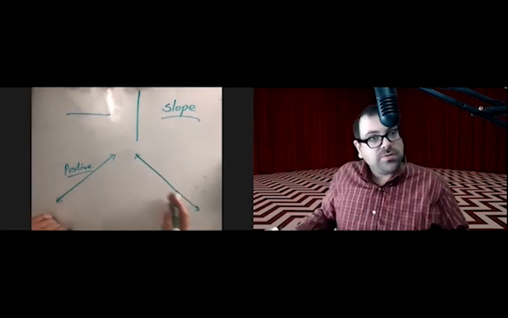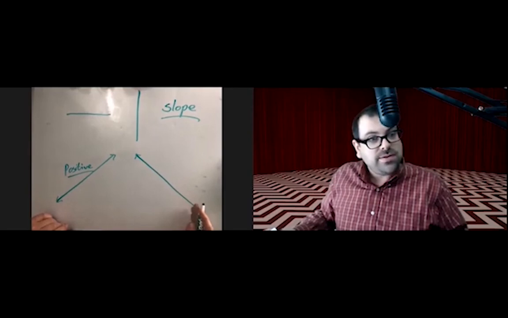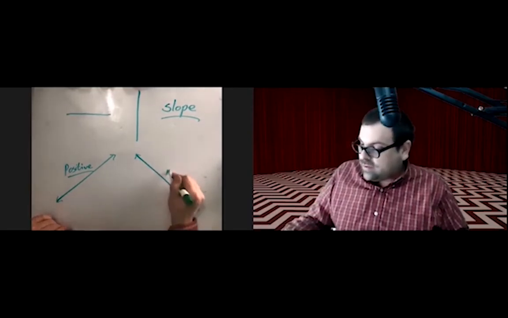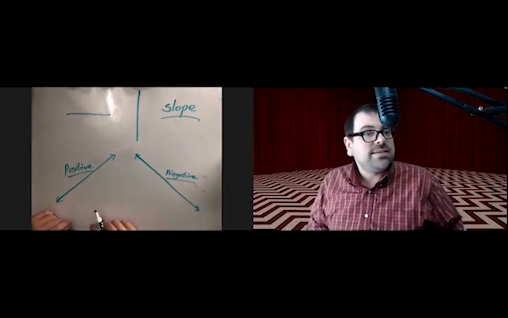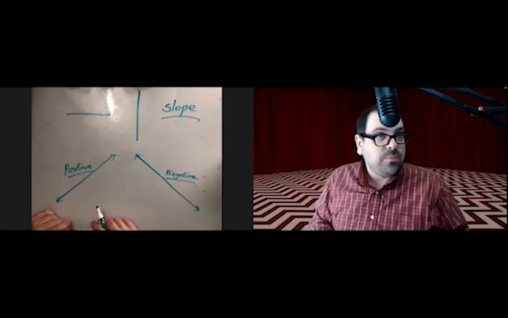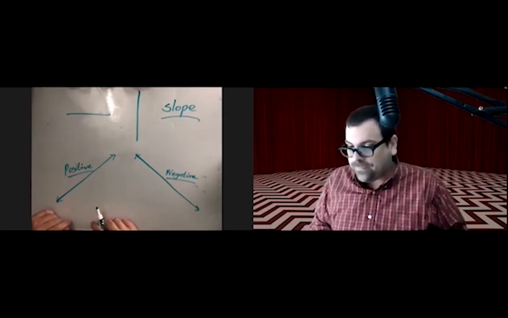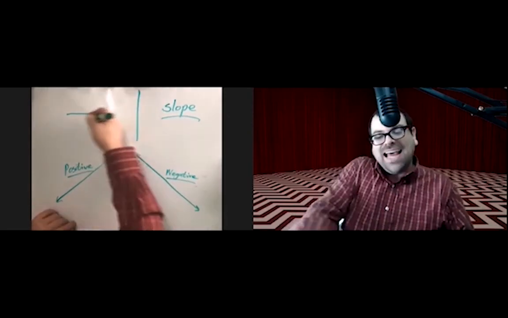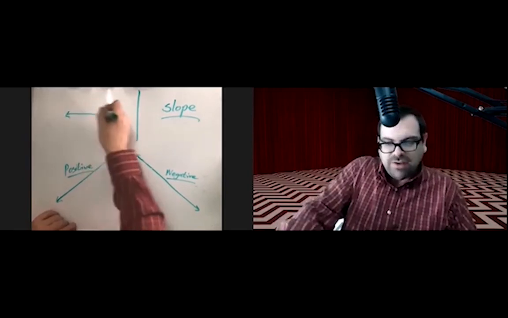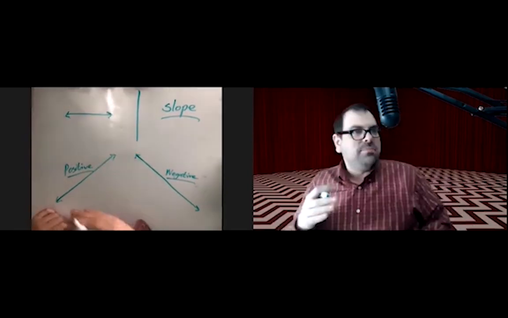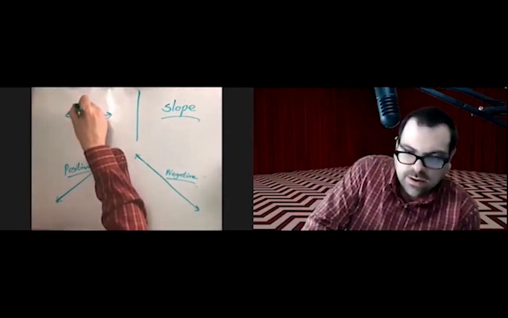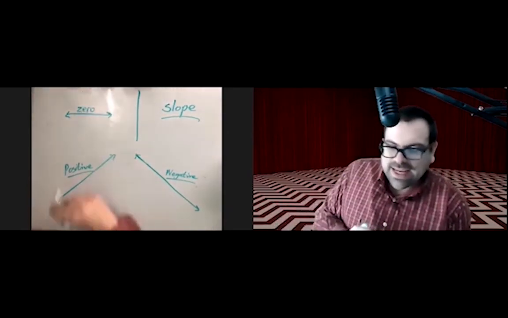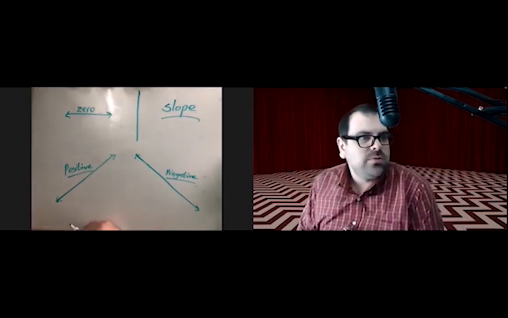Something that falls from left to right, we say has a negative slope. Something that is flat, you can imagine driving a car and it not being uphill or downhill, just being flat. We say that has 0 slope.